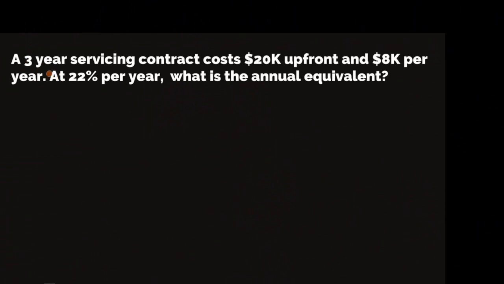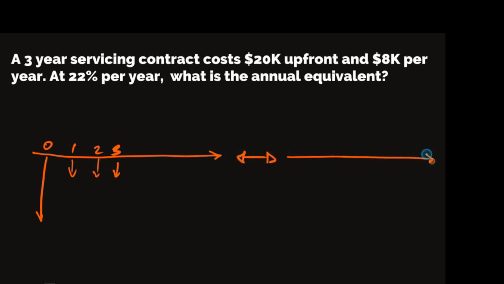So here we're going to look at a 3-year servicing contract, which has an upfront cost and then an annual cost. If we were to evaluate this, what's the annual equivalent? If I were going to draw this out, it would have some kind of upfront cost, which would be period 0. In this example, we have a 3-year contract, so we're going to be converting into an even annual amount.